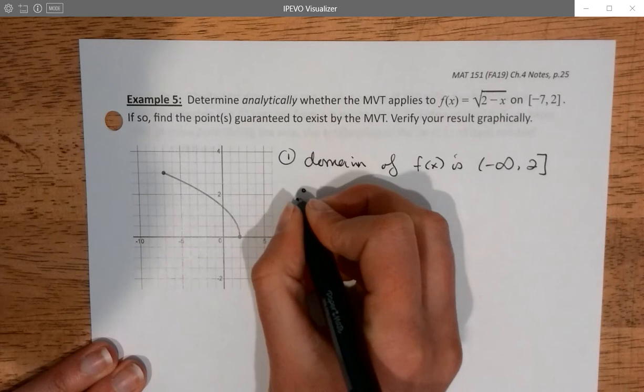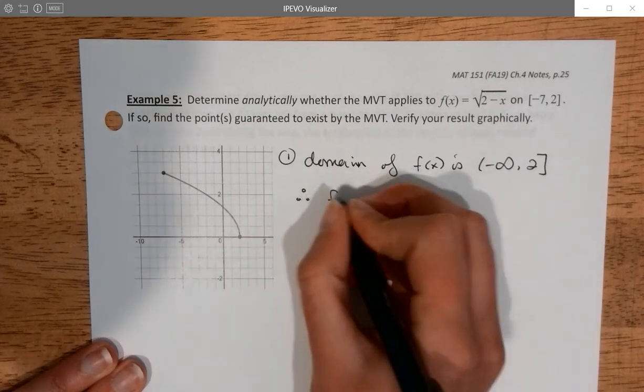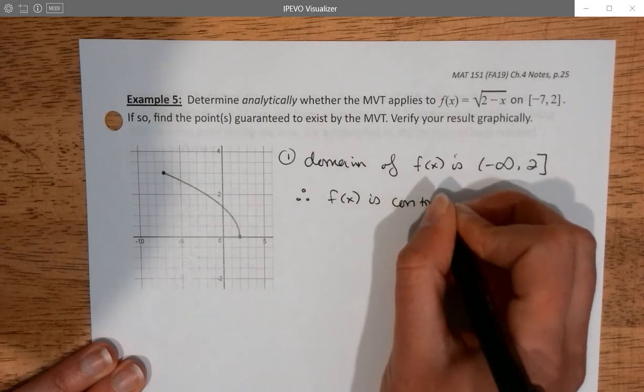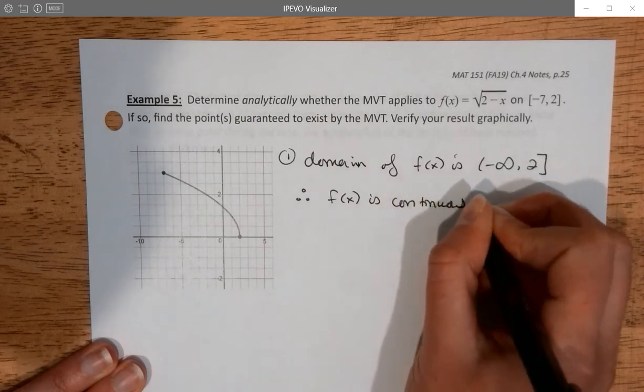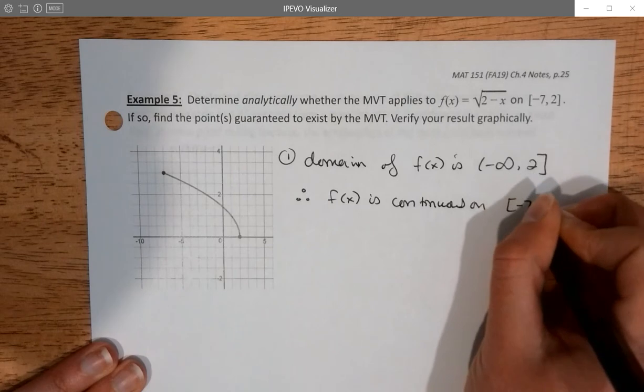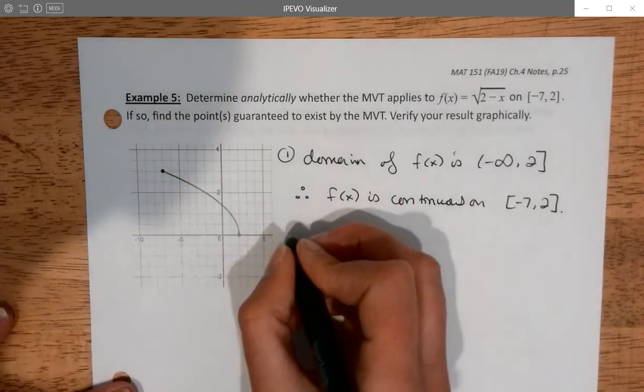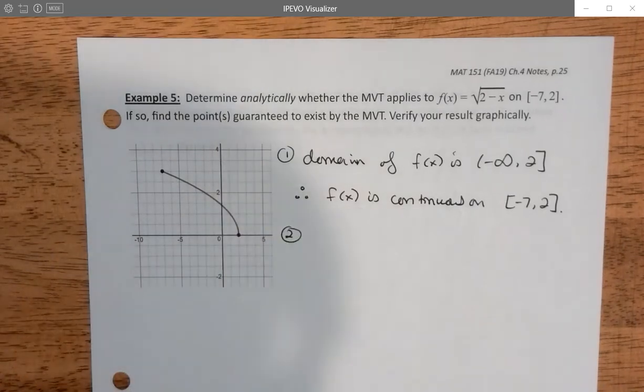So we can conclude that therefore f of x is continuous on our interval, -7 to 2, because that's a subset of the domain. Second, differentiable. Got to find the derivative to talk about differentiability.